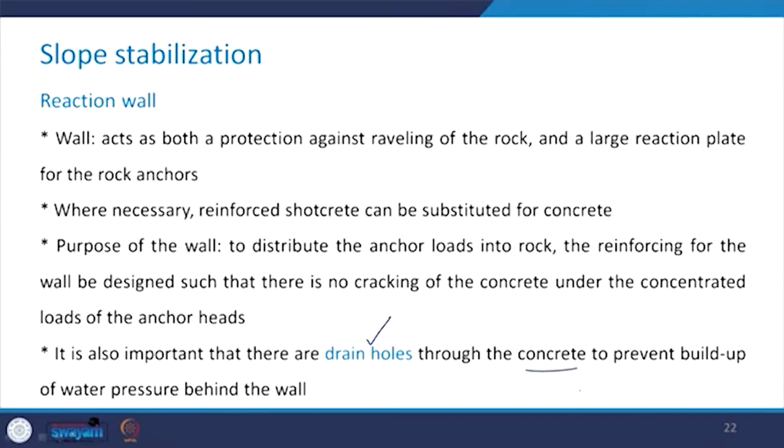It is also important to provide drain holes through the concrete in order to prevent the buildup of water pressure behind the wall. It is exactly like the weep holes that you provide in retaining walls.